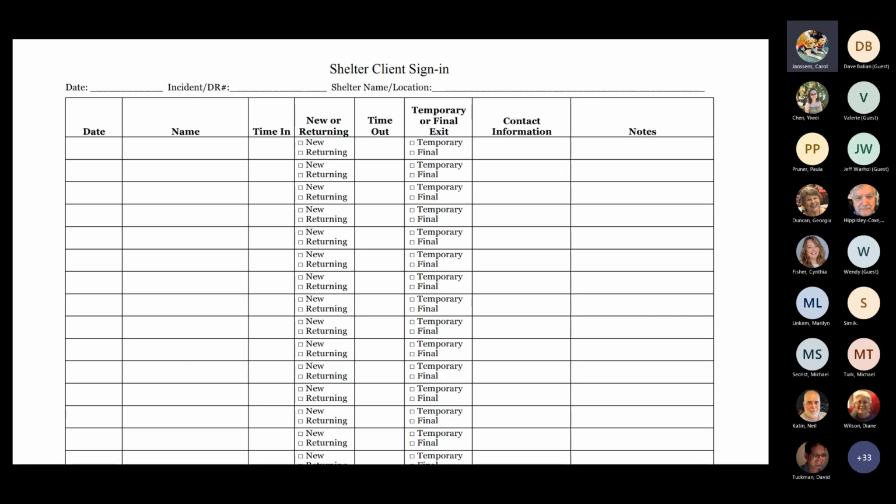For client sign-in, every client, when they come and go, needs to sign in and out. It's really important, and it's the same with staff and visitors. If we have to evacuate the shelter for some reason, we want to grab these sign-in sheets.